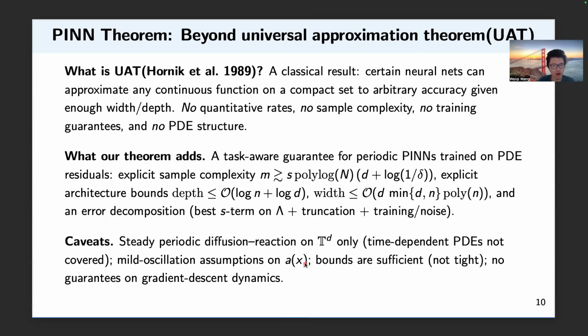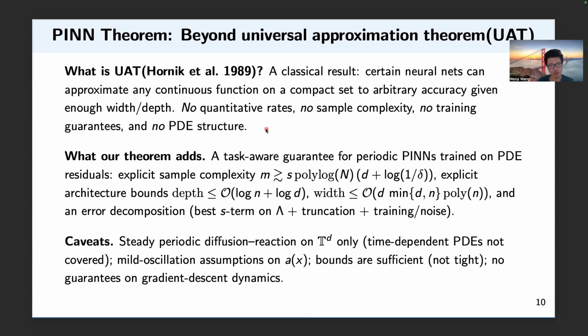Now I want to compare our theorem. What's the difference between our theorem and the commonly used universal approximation theorem? The universal approximation theorem says a big network can approximate any continuous function on a compact set, but it gives no error rate, no rule for how many samples, and no guarantee that training will find the good parameters.